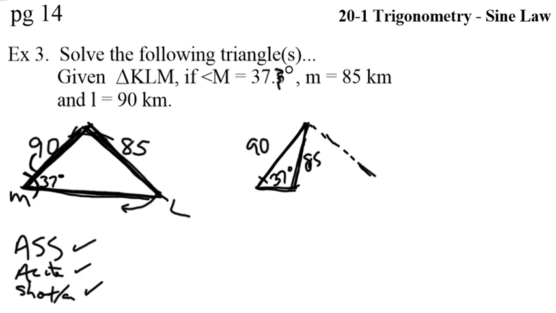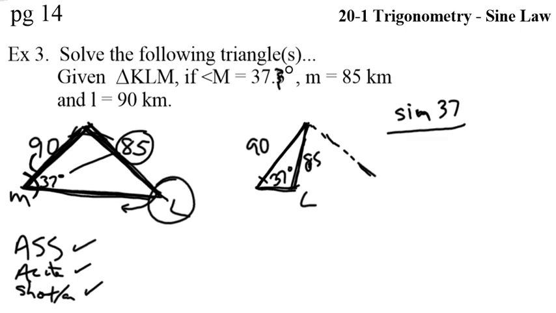So I can calculate angle L now here using the sine law. There's my sine 37 over 85 will equal sine of L over 90. From there, cross multiply, and angle L will work out to be, in this case, 40 degrees.